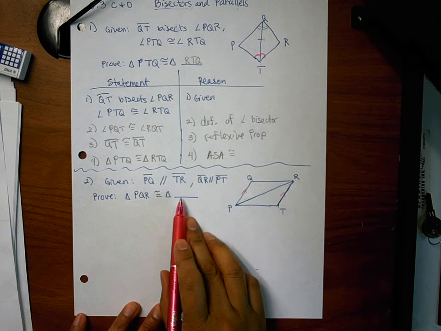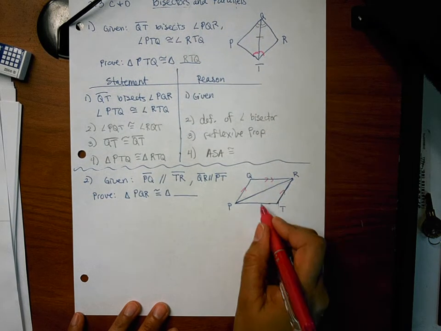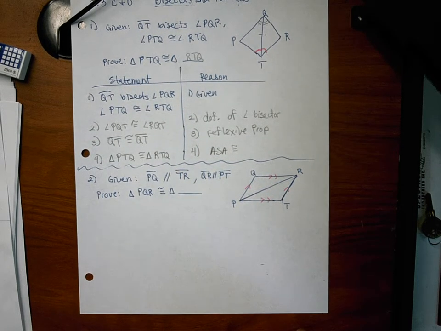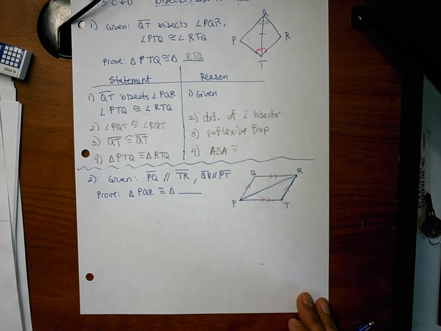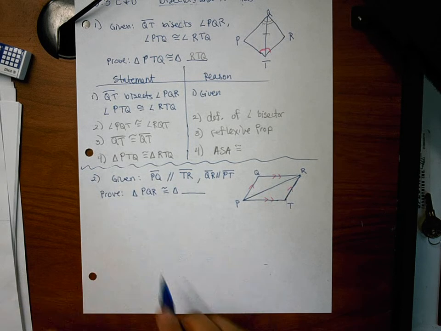PQ, that's this one here, is parallel to TR, that's this one there, and QR, top one, is parallel to PT. All right, opposite sides are parallel. So that means it is a parallelogram.